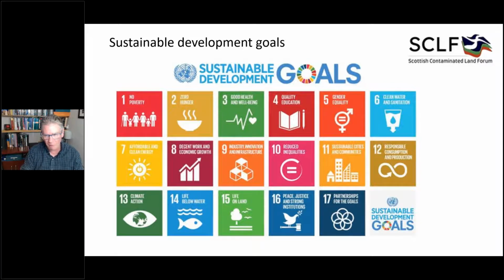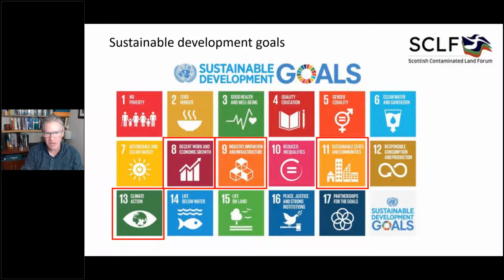The ones that probably relate most to contaminated land are goal number 8, which is decent work and economic growth, industry, innovation and infrastructure, goal 11 for sustainable cities and communities, climate action, which is goal 13, and finally life on land, which is goal 15. And I think each of our talks will really touch on some of these goals and how they can be achieved through redeveloping contaminated land.